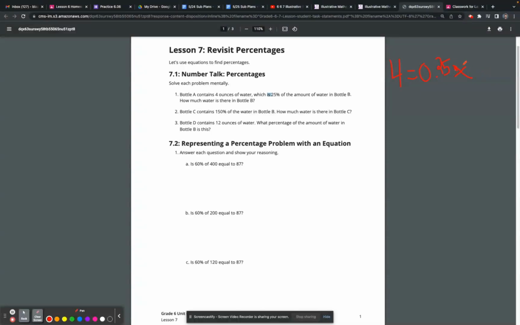Once I have that set up, what we're looking for is this X here. So I need to divide by 25 hundredths because that'll get X alone, which means I have to divide 4 by 25 hundredths.